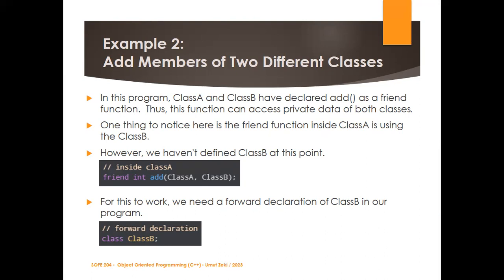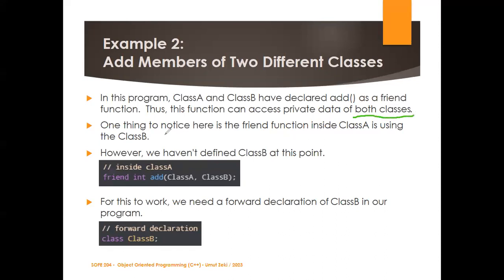But as you see, the friend function definition is done just after the classes. So for both of them, we use only one definition. By this way, we can access private data of both classes.